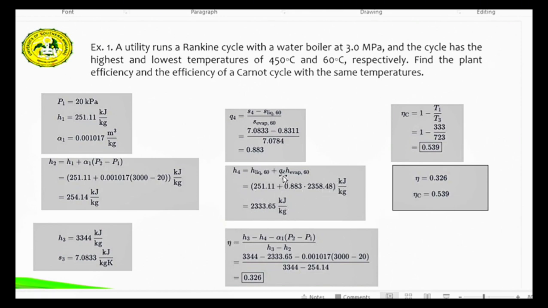So by plugging this into our calculator, we get 2333.65 kilojoule per kilogram.